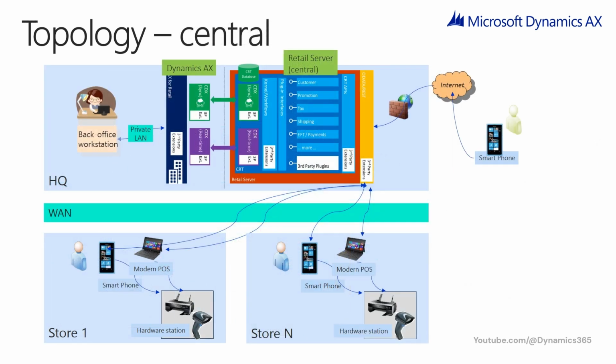The other type of deployment for the retail server is a central topology where the retail server is hosted in a centralized database or data center, and each store has modern POS clients which communicate with the centrally hosted retail server.